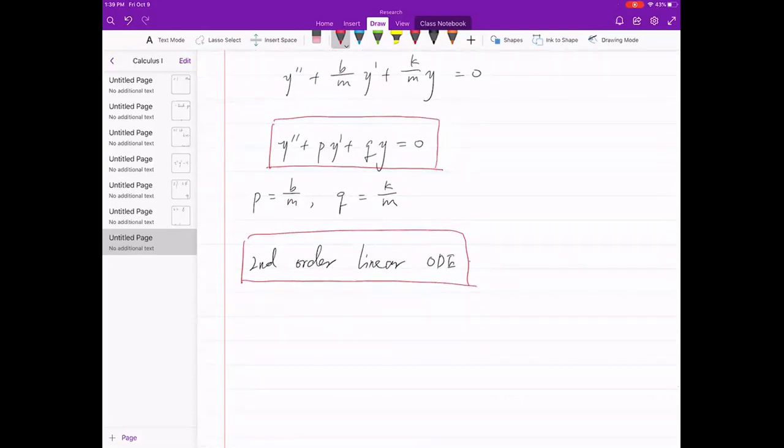Moreover, all the coefficients have nothing to do with t. Therefore, you can say it is with constant coefficients. That's a mathematical way of representing what we're dealing with.